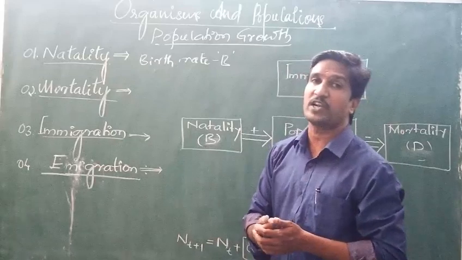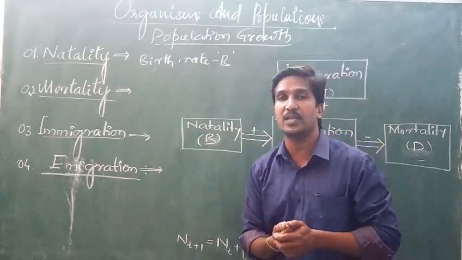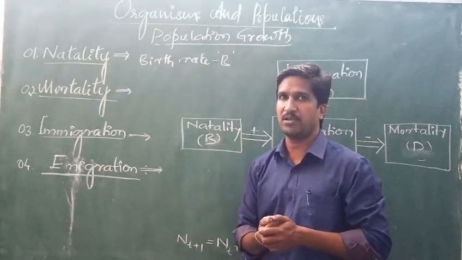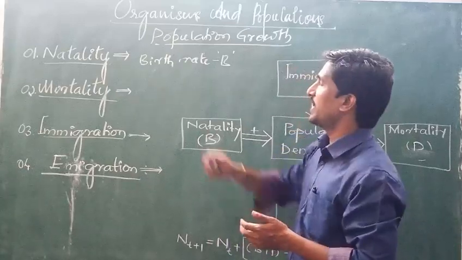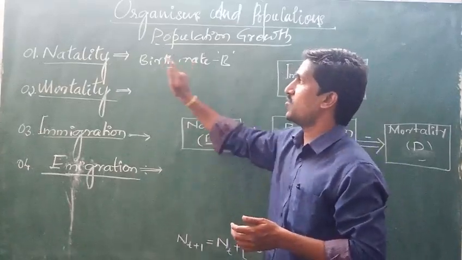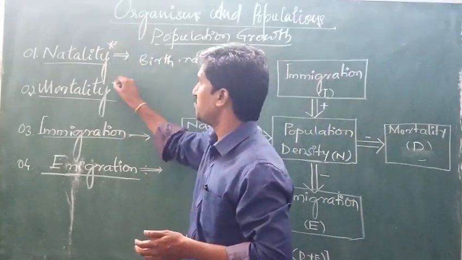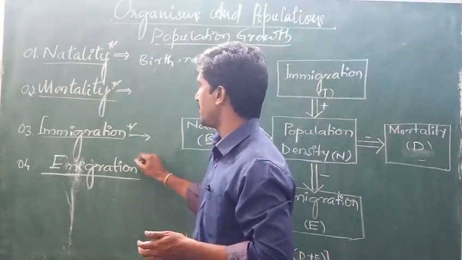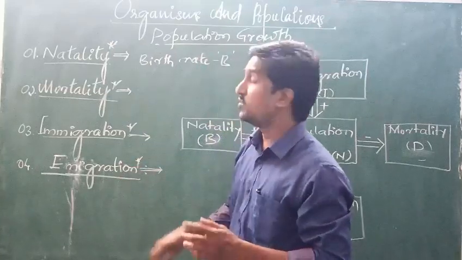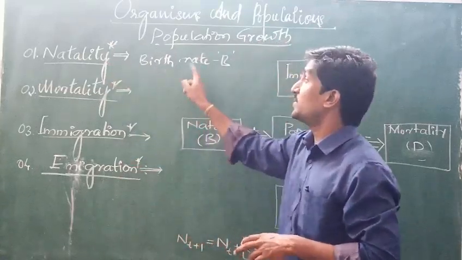How many organisms are taking birth per year in a given period of time is called the birth rate, or natality. These are most important questions for 1 mark itself.